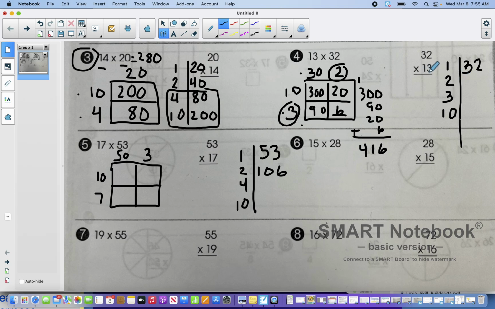So you're thinking 13 times 32. So I'm going to start with 1 times 32. Click pause if you didn't do this. Okay, did you double that to get 64? And then for the 3, what do you do? You add these two together. 4 and 2 is 6. 6 and 3 is 9. And then 10 times 32 is 320.